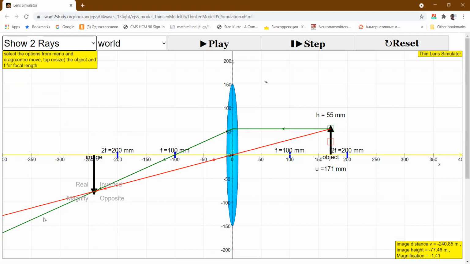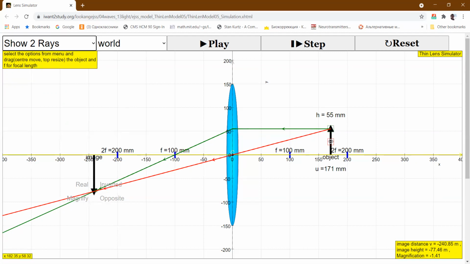It goes in this direction. Light which goes through the center of the lens just does not know that there is a lens. It's not bent, and it's just a straight line. So you connect the point on your arrow through the center of the lens and just continue a straight line. Eventually, these two lines are going to intersect, and this intersection point is going to make the arrowhead of my black arrow, and that's where the image is going to be located.